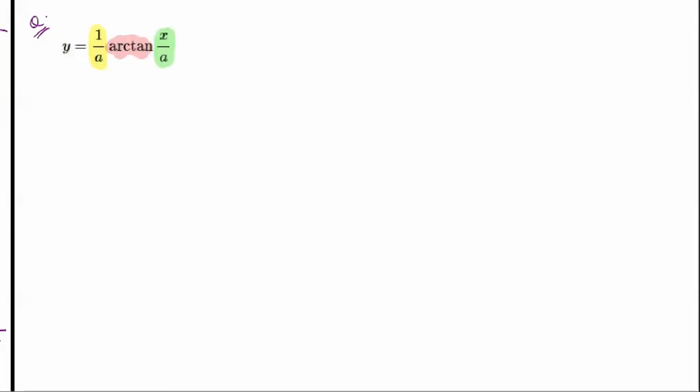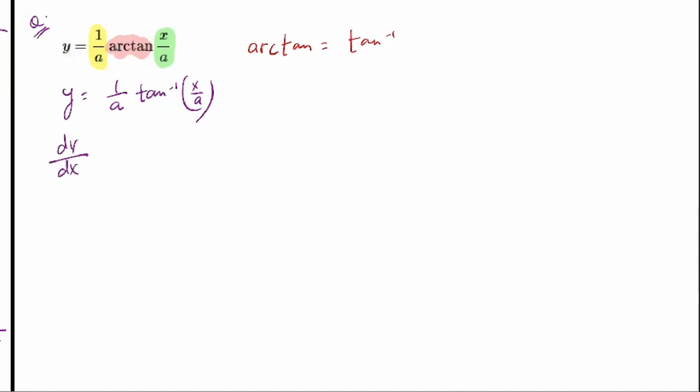So let's rewrite this first. y equals 1 over a tan inverse of x over a, right? Because I said arc tangent, you could say arc tangent equals tan inverse. The next step is to find dy over dx. So I could write d over dx of 1 over a tan inverse of x over a, correct?